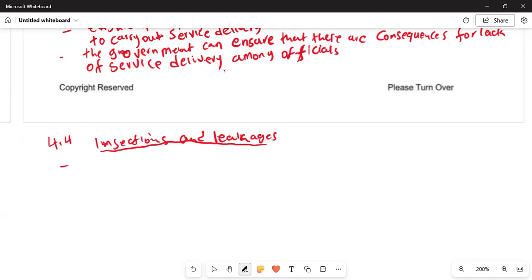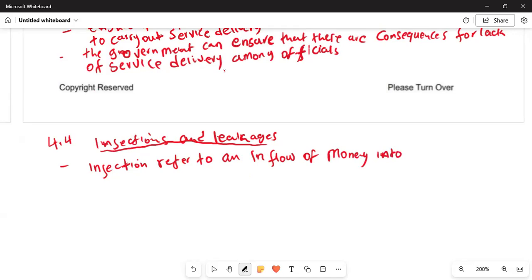Because in the circular flow, injections refer to an inflow of money into the economy. That is that.